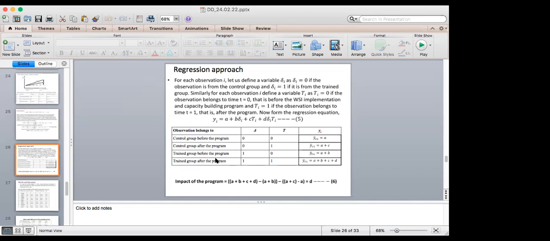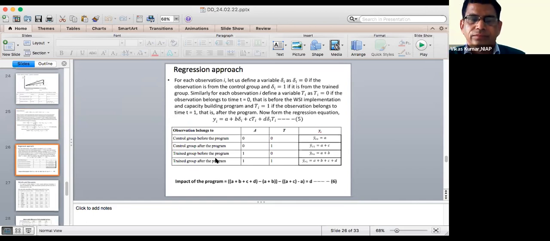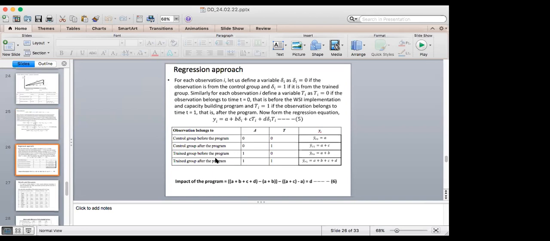That is the equation we get, without the error term: alpha plus beta, a plus b, which I have given here, plus delta, plus the combination of both. In earlier equations I gave different terms for each one; here I have given different coefficients.